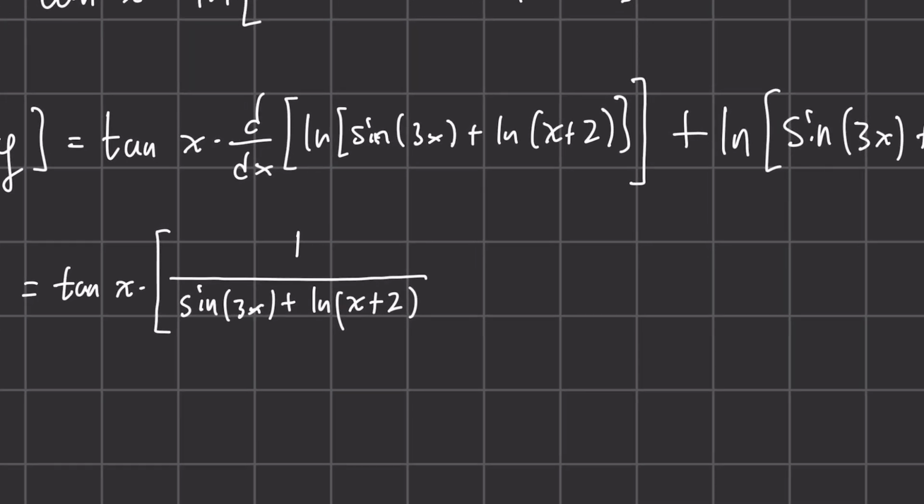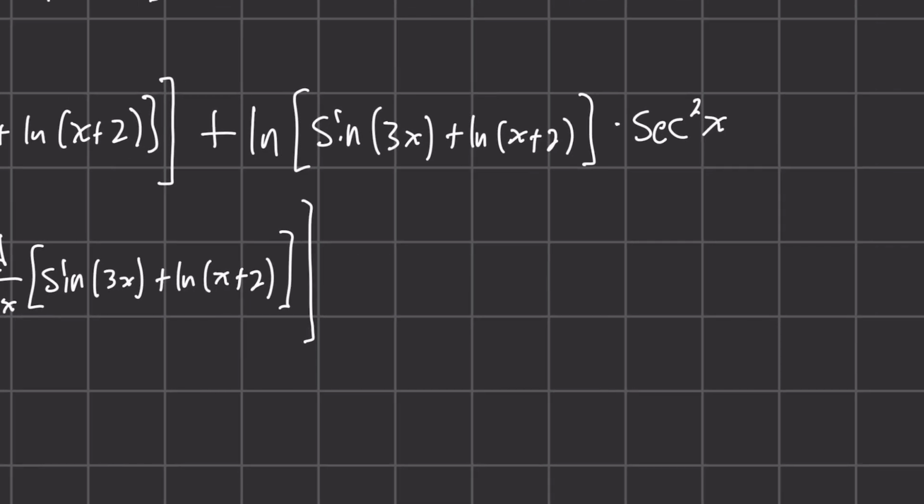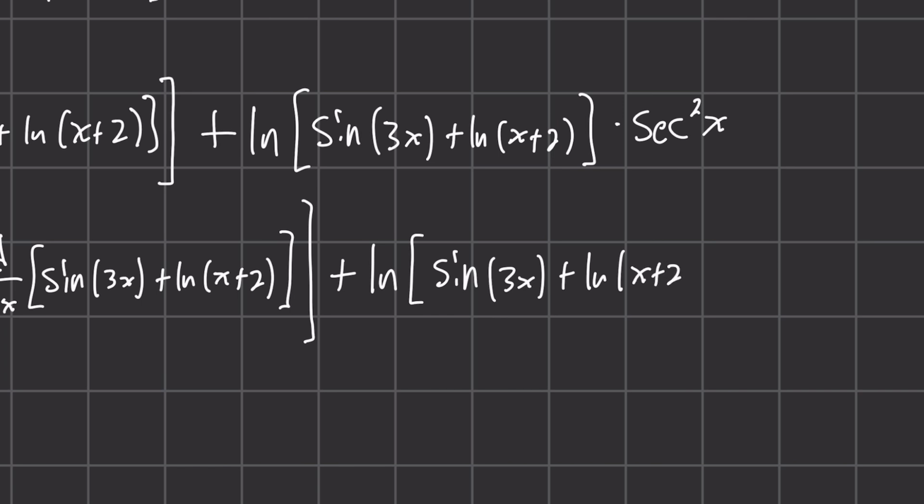And it's going to be this times the derivative of the input, which is sine 3x plus ln x plus 2. And our right side here stays the same: ln of sine 3x plus ln x plus 2 times secant squared x.